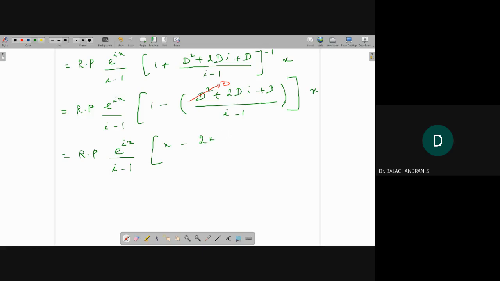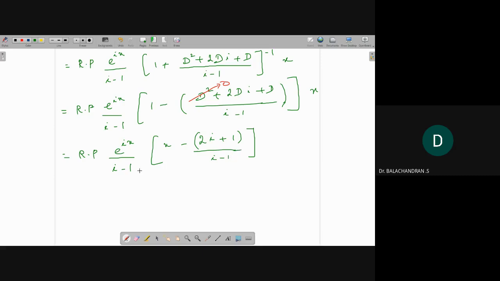So 2i, and then differentiation of x again is 1, divided by (i minus 1). If you don't understand this step, you can ask me. So d square of x is 0, differentiation of x is 1, so 2i plus again 1. So 2i plus 1 is the numerator divided by (i minus 1).